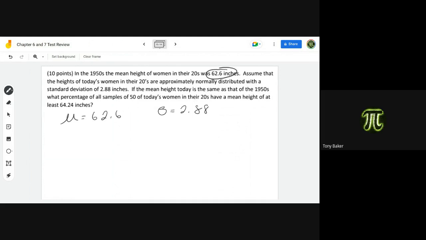Okay. So what's my sample standard deviation? I have to do 2.88 divided by the what? Square root of what? What's my sample size? Square root of 50. Samples of 50. So we get 0.41.